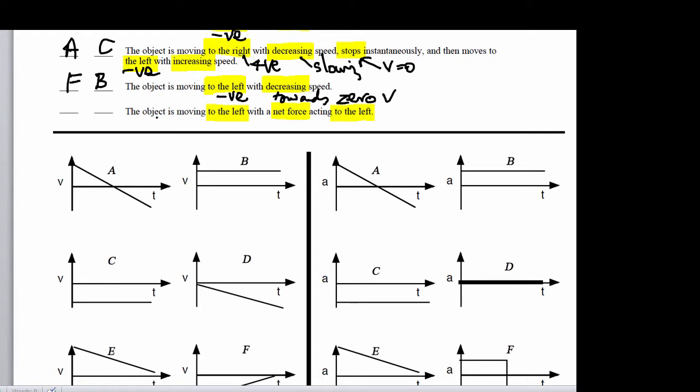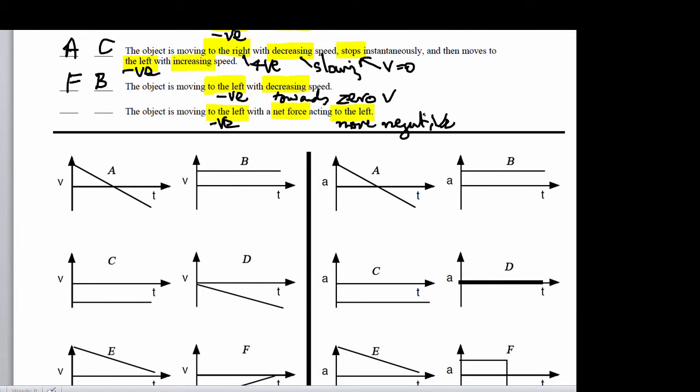So, Ali, will you walk me through this one? Okay, so moving to the left, so it's negative. Negative velocity, yeah. And there's a net force acting to the left, then that would just make it more negative. Right, more negative.